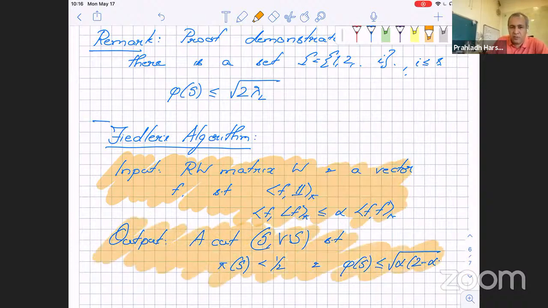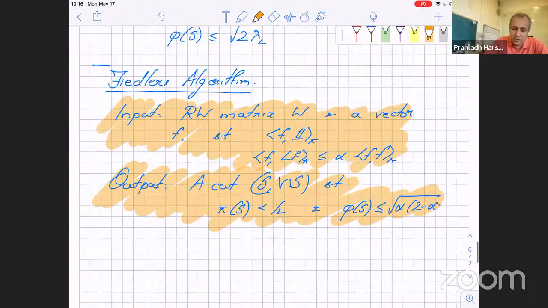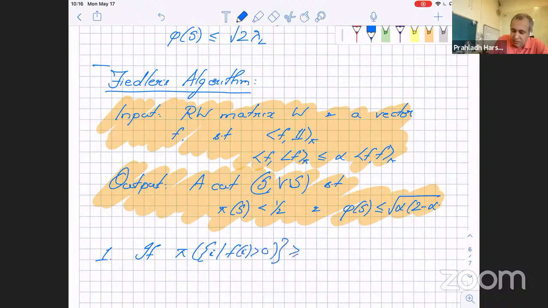And more or less, this should be clear what this algorithm is going to do. It is a fairly simple algorithm. It's just going to first, if phi of i such that f is greater than 0 is greater than or equal to half, then flip f, replace f with minus f.